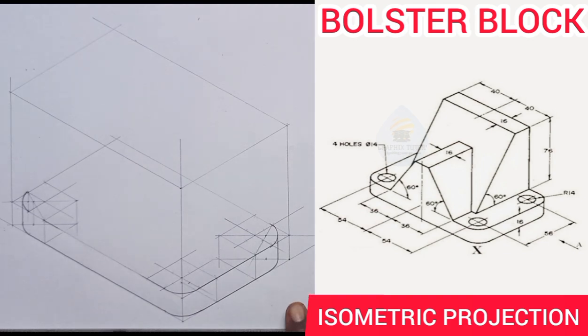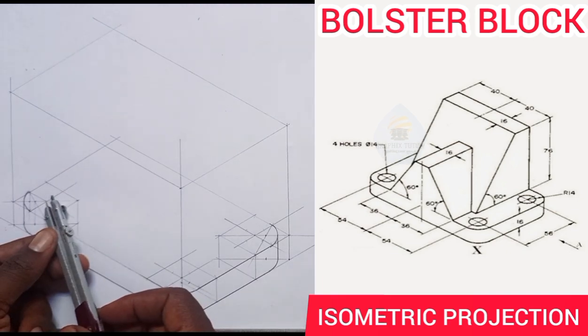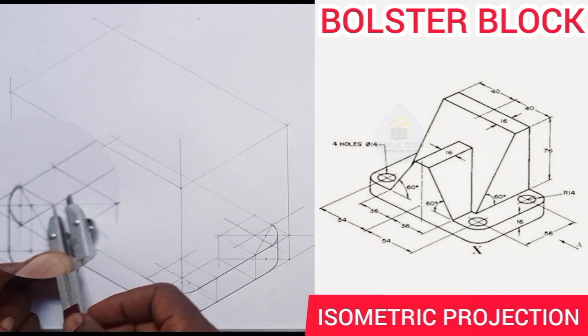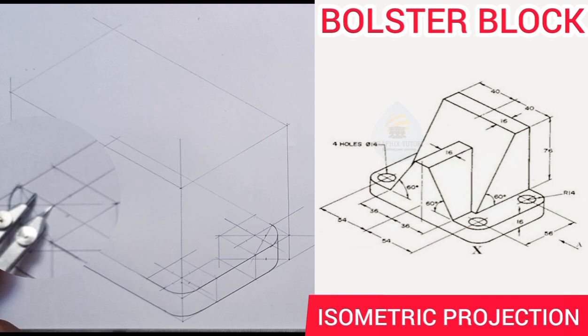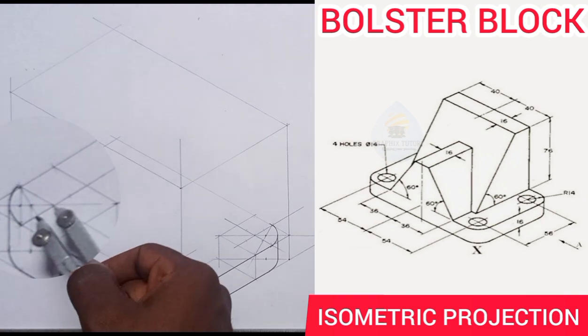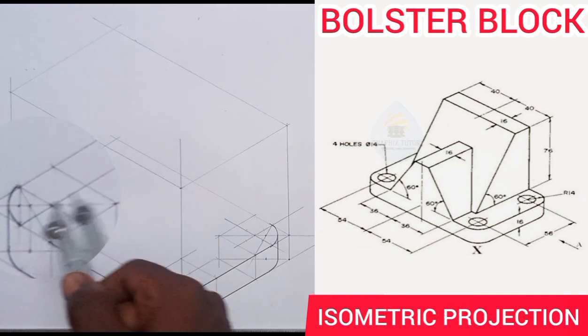So I'm going to come here too. Since I've gotten the 7, this is 7 that we have here. I'll come here too. I'll mark 7 here, 7 here, 7 here, and also 7 here.